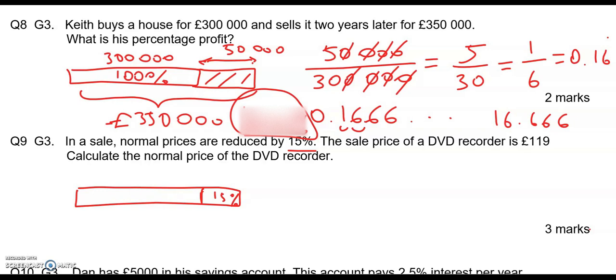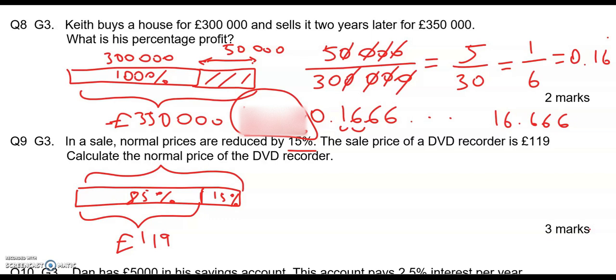So what is left now is 85%, which is equal to £119. Now what we're interested in is the original, or 100%. So what I'm going to do is divide 119 by 85, because that's what this is equal to.